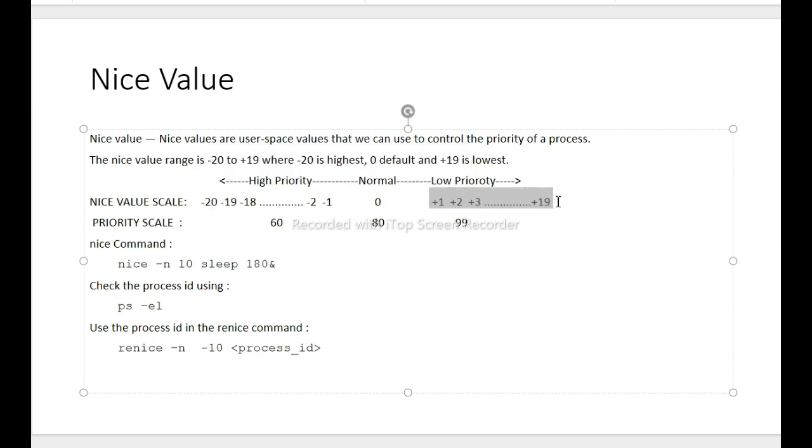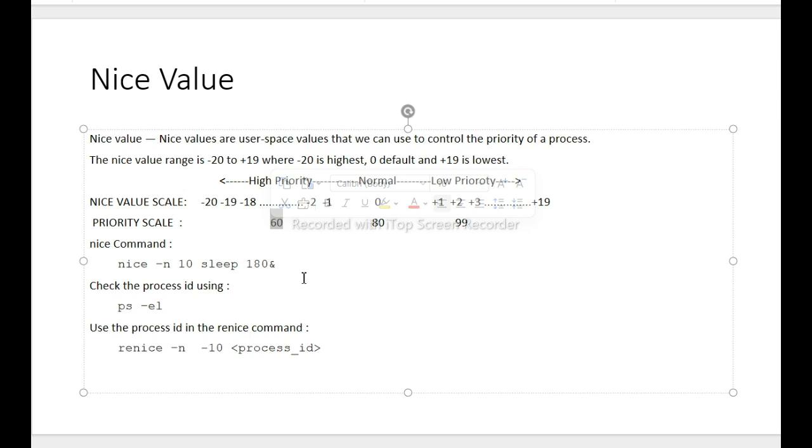Higher the value, lower the priority, which in turn controls the priority value, where normal priority value is considered to be 80, low priority is considered to be 99, and high priority is considered to be 60. So as the nice value increases, the priority decreases. And as the nice value decreases, the priority increases.